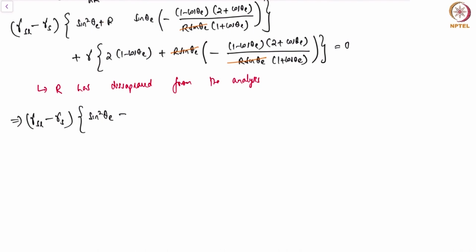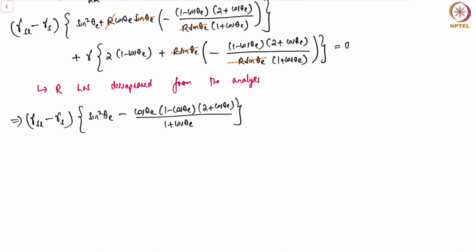So this is r, this is what I wrote down. So r and sine theta will cancel out. So what we now have is minus cos of theta e times 1 minus cos theta e times 2 plus cos theta e divided by 1 plus cos theta e.